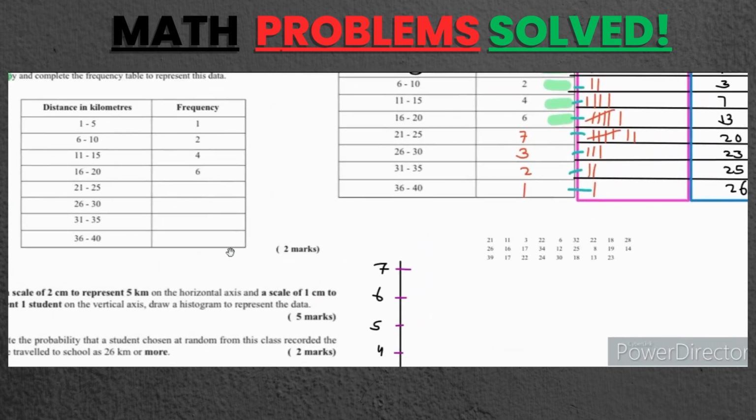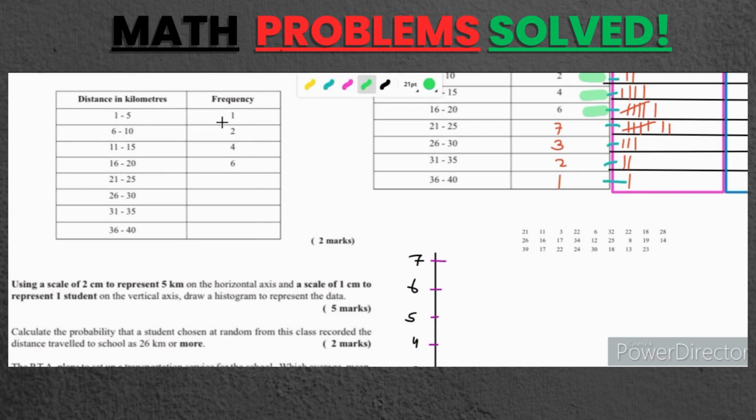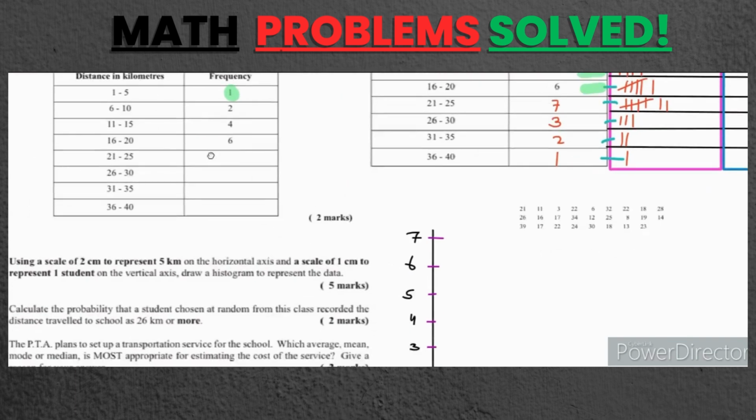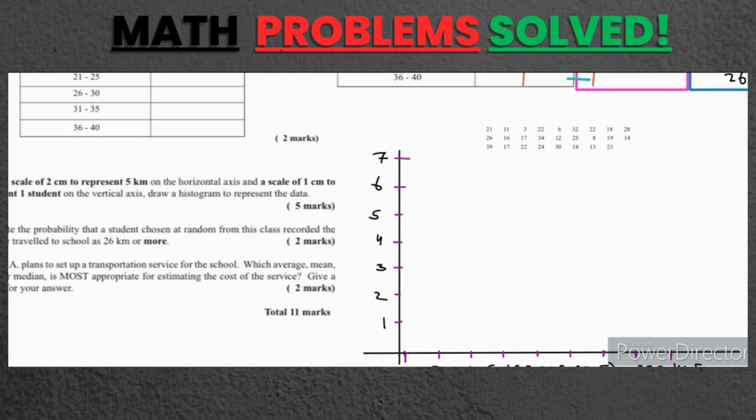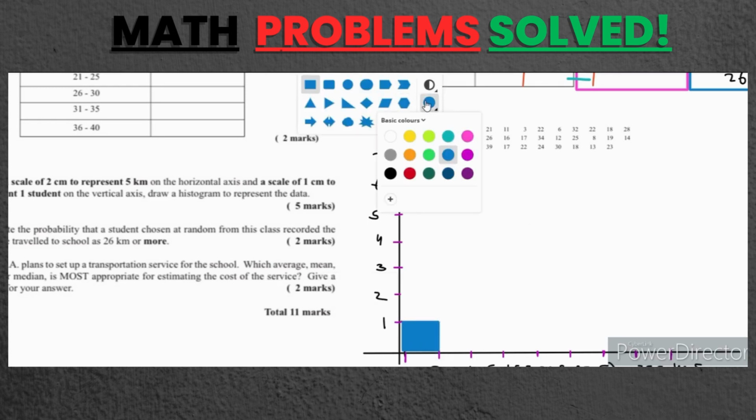By using the frequency. For the first group the frequency is just 1, right? Just 1 for the first group. So you will draw the graph for the first group like this, right? And then you have to draw for the second group.